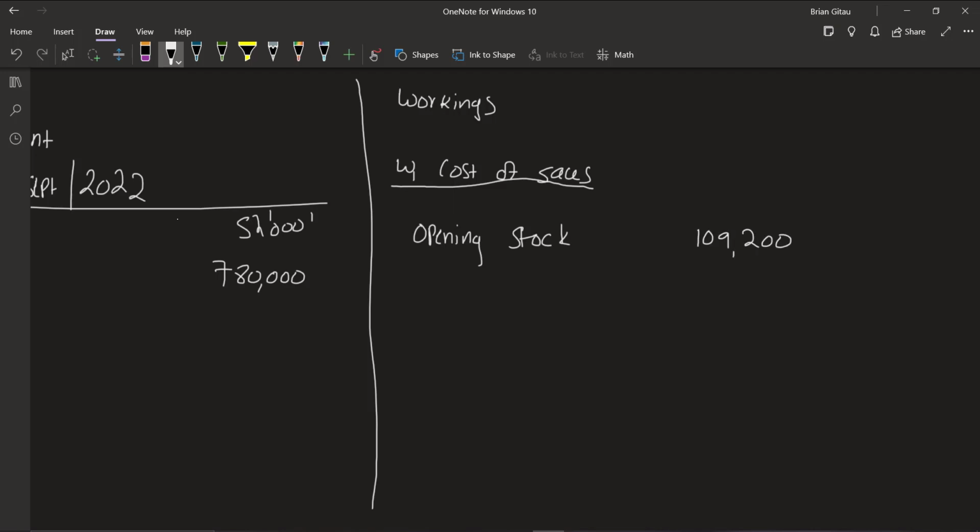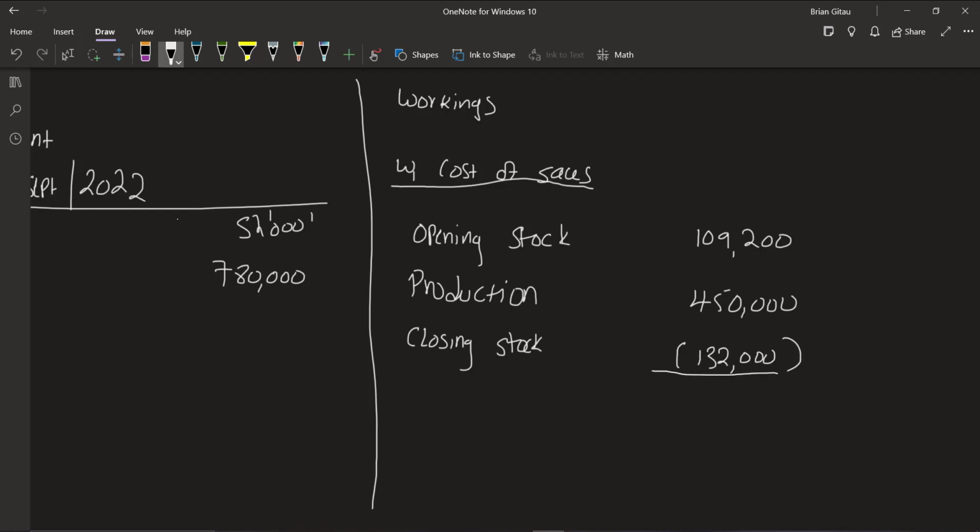We get the purchases, and in this case we don't have purchases. It seems that this is a manufacturing company, so we have production in place. Production we are given as 450,000. Lastly, we have closing stock, given in additional information number 1 as 132,000.